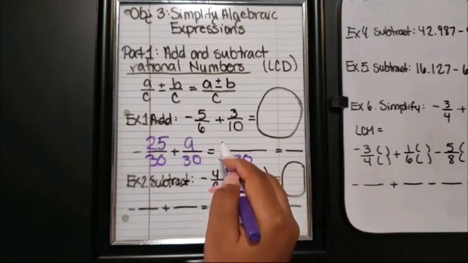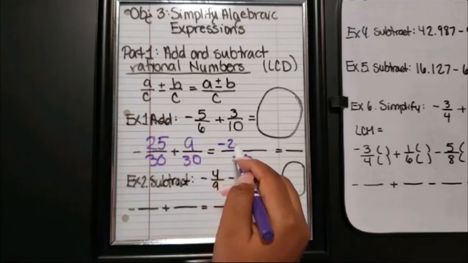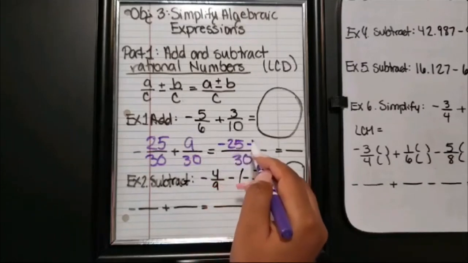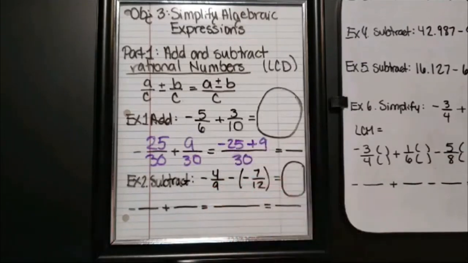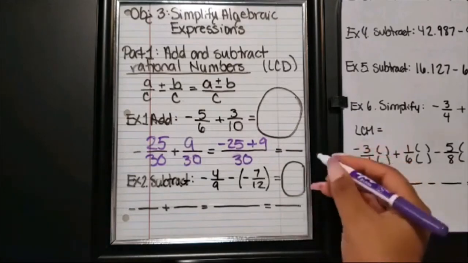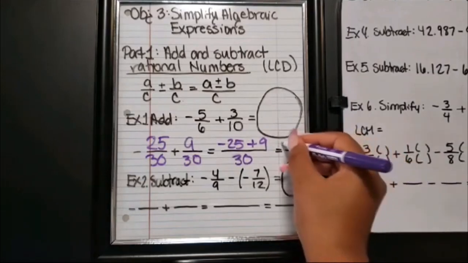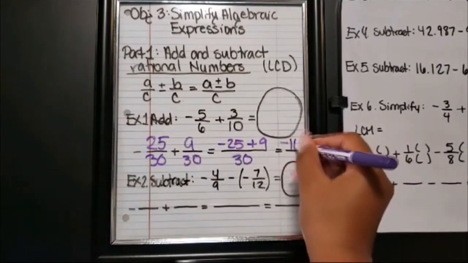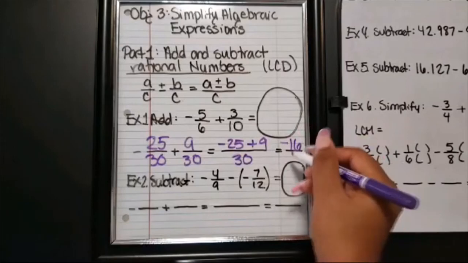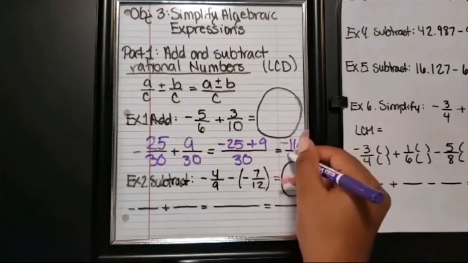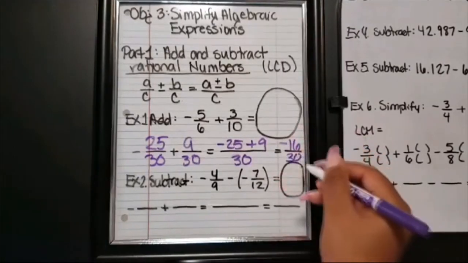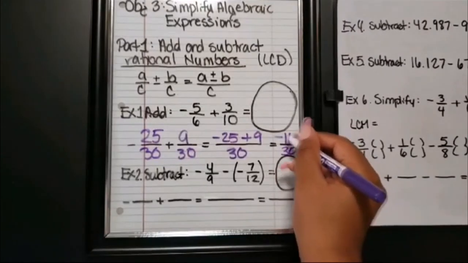And then the top, we have negative 25 plus 9, okay? So go ahead and put that in your calculators, negative 25 plus 9. Hopefully everybody got negative 16. So it should be negative 16 over 30.